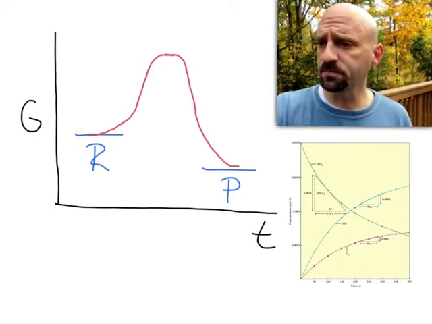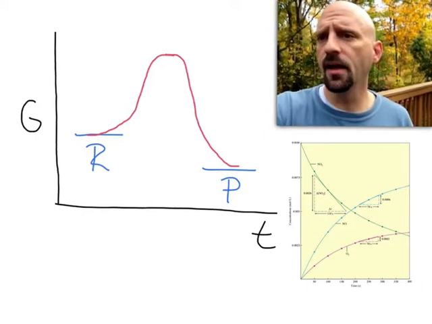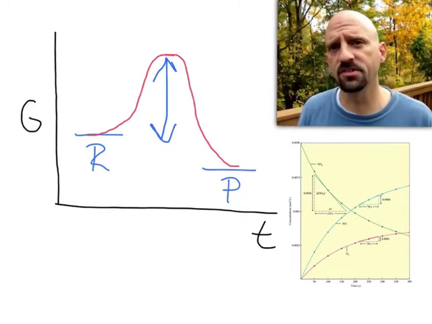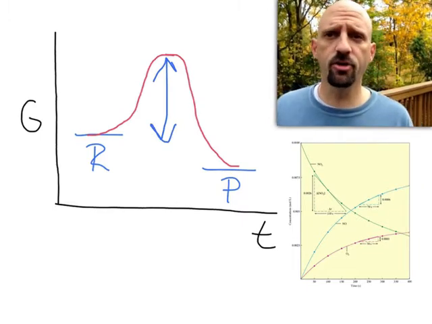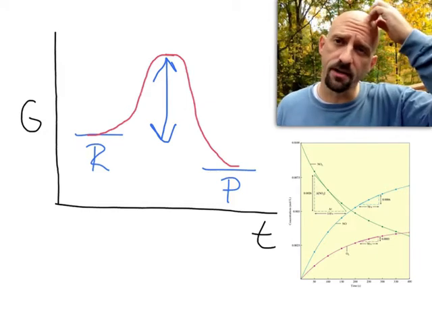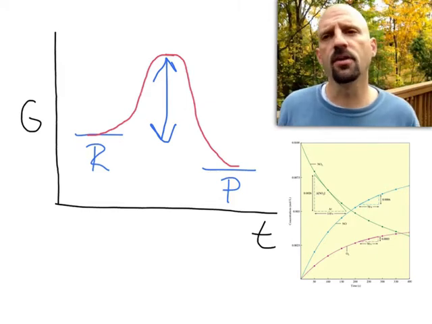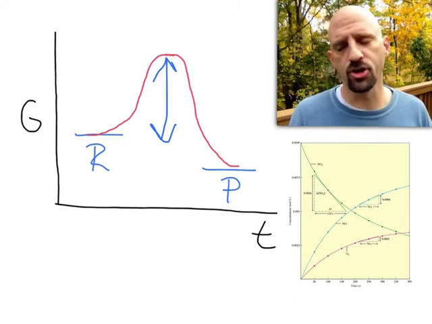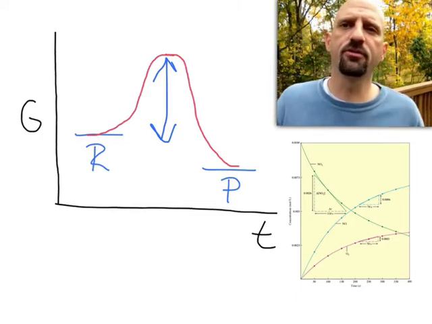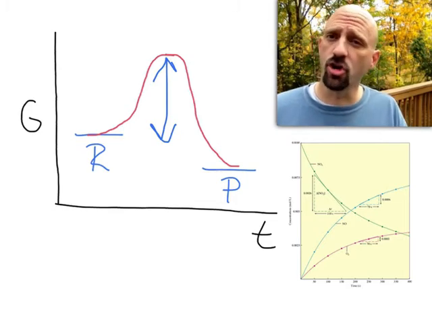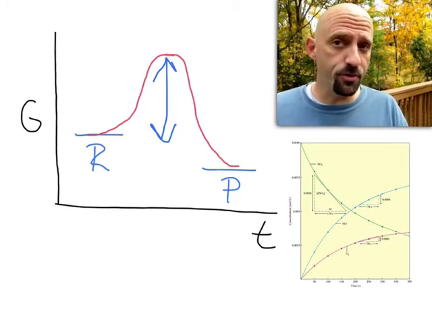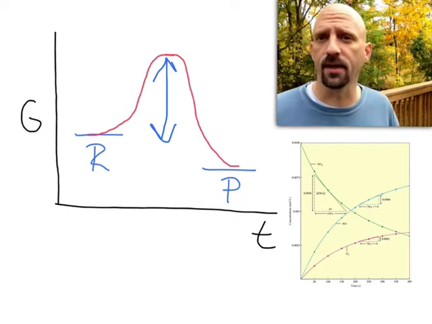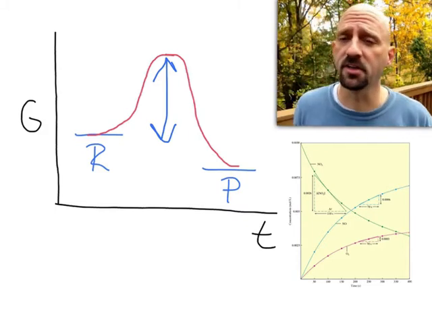For example, what's going on with, say, the height of that hill? All right? Different chemical reactions have barriers that are taller than others or smaller than others. The height of this hill, as we'll see as we get later on into this unit, is called the activation energy. And this is the energy it takes for a chemical reaction to get started. Now, a reaction could be thermodynamically favorable, say the combustion of propane, like the propane grill I have over here on my deck.